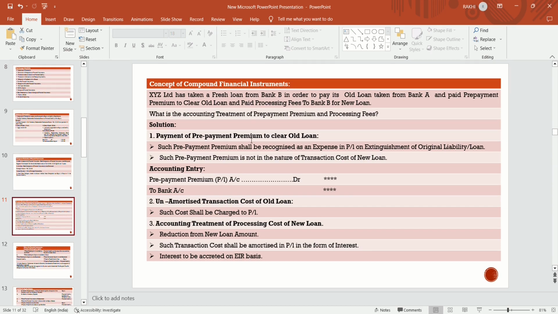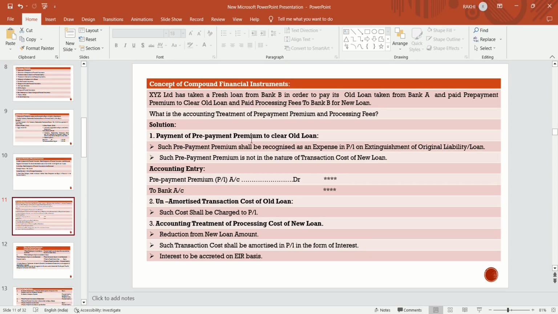If it is prepaid before 10 years, some unamortized amount is left, like for 2 years the amount is left for recognition. That unamortized amount is also to be charged to profit and loss. It should be transferred to profit and loss.